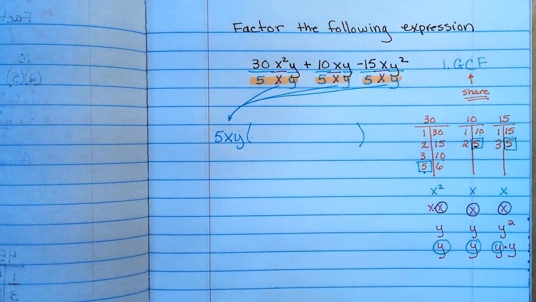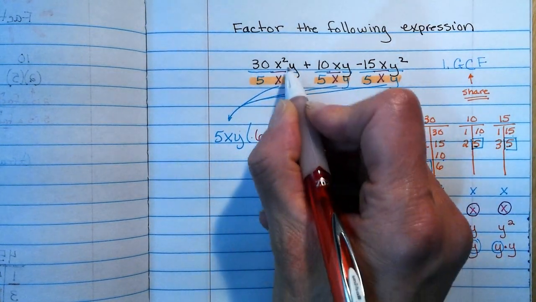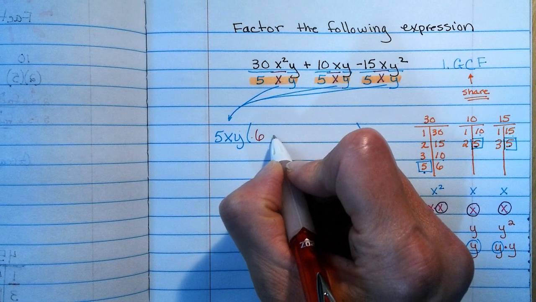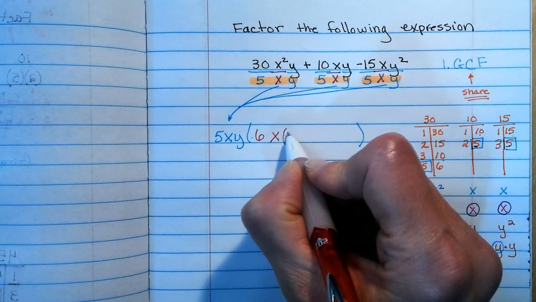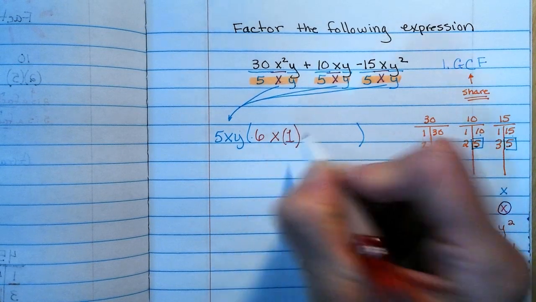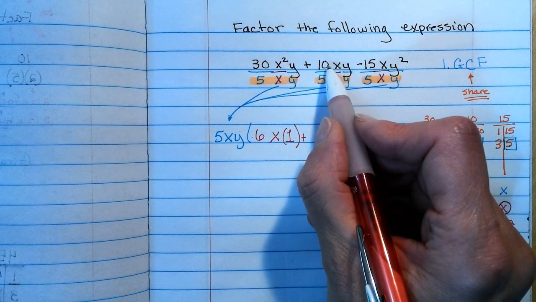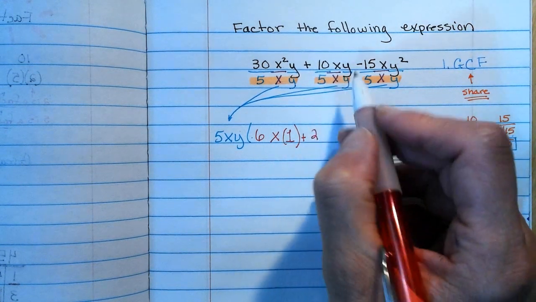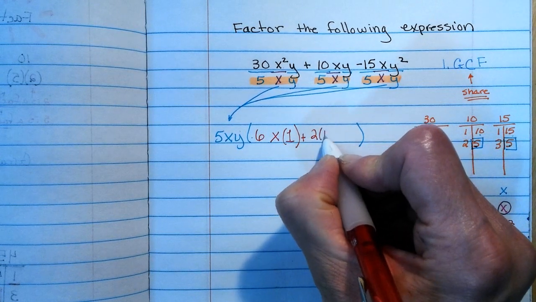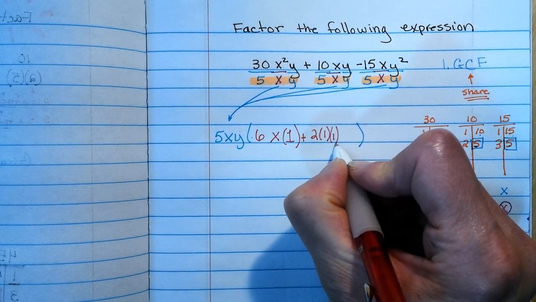Now I'm going to divide. 30 divided by 5 is 6. x squared divided by x is x. And y divided by y, I'm going to write this down here just for illustration, is 1. Then I have a positive sign. 10 divided by 5 is 2. x divided by x is 1. y divided by y is 1.